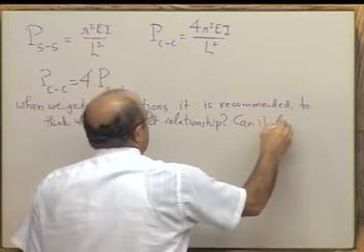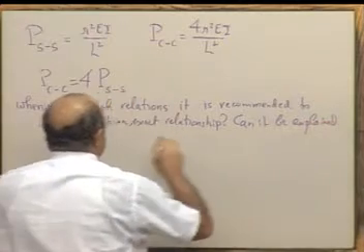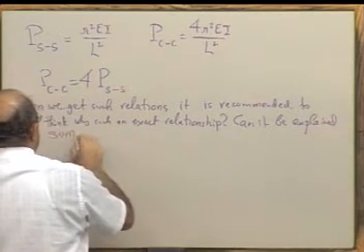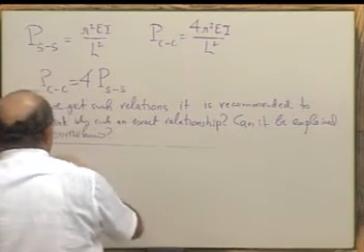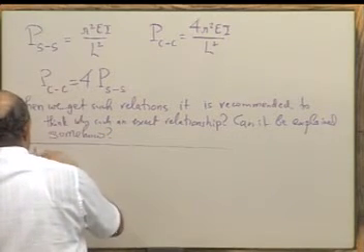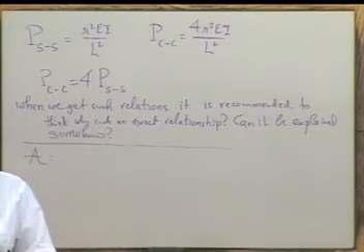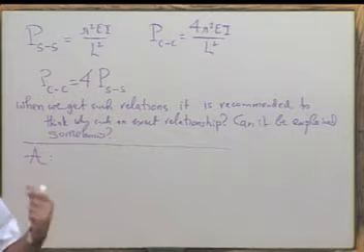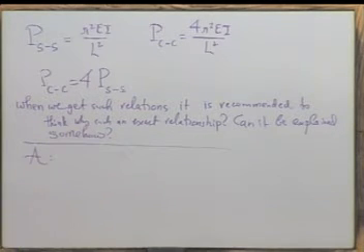Can it be explained somehow? Look, if the answer was 3.9, we can still ask this question, why is it 3.9? But when it is 4, then it is really asking us to ask the question, why is this exactly 4? Is there some underlying reason for this 4 to come out?